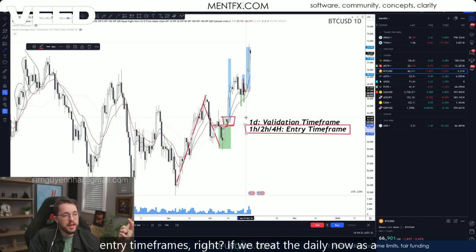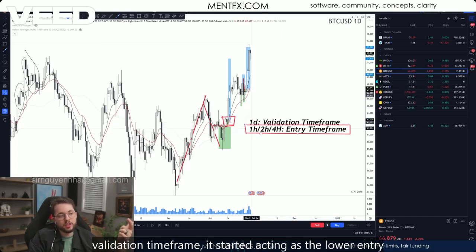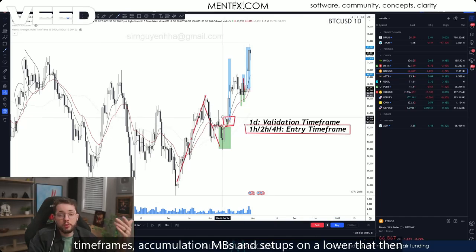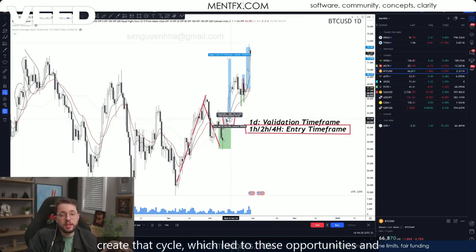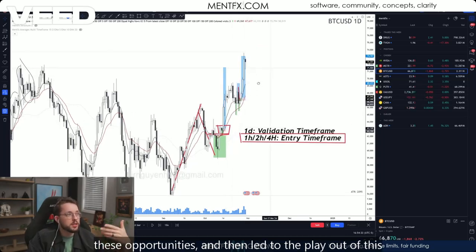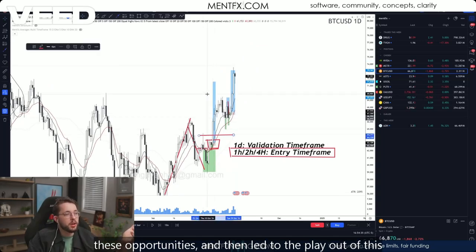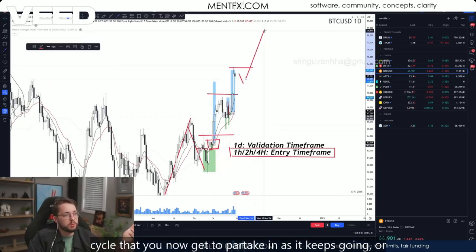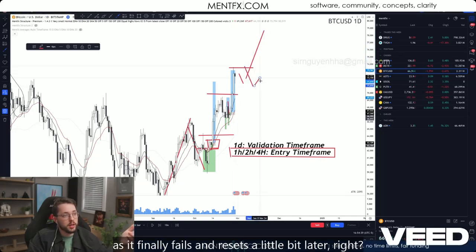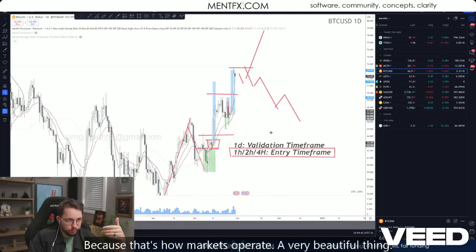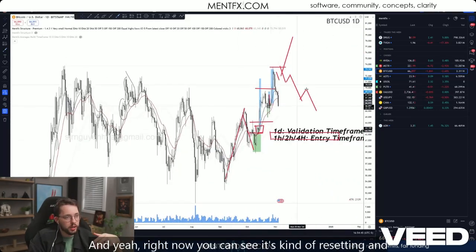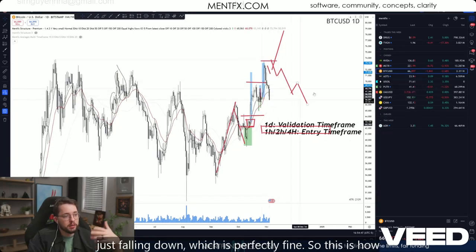If we treat the daily now as a validation timeframe, it started acting as the lower entry timeframes, accumulation MBs and setups on a lower, that then create that cycle, which led to these opportunities, and then led to the play out of this cycle that you now get to partake in as it keeps going, or as it finally fails and resets a little bit later, right? Because that's how markets operate. A very beautiful thing. And yeah, right now you can see it's kind of resetting and just falling down, which is perfectly fine.